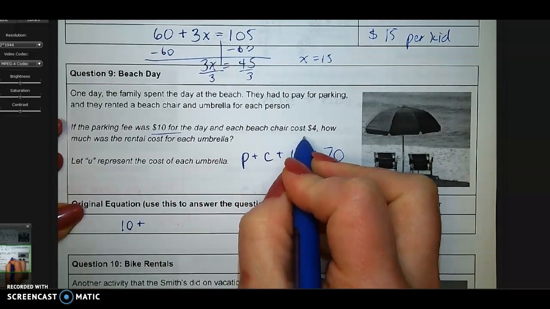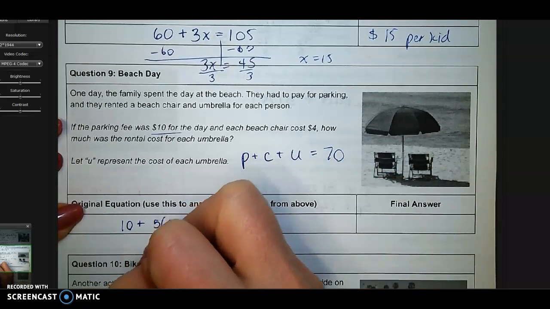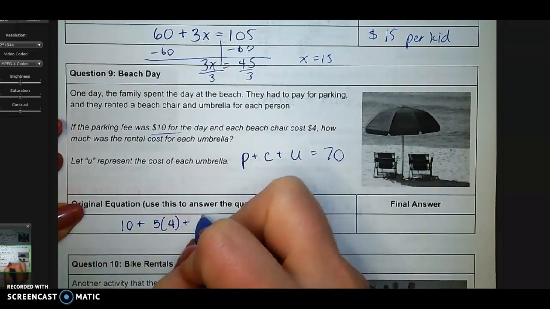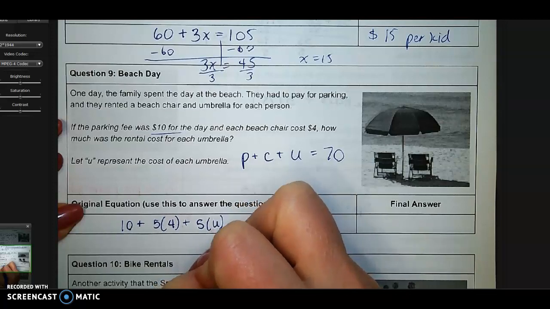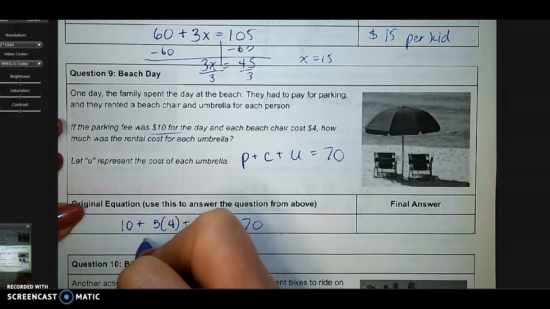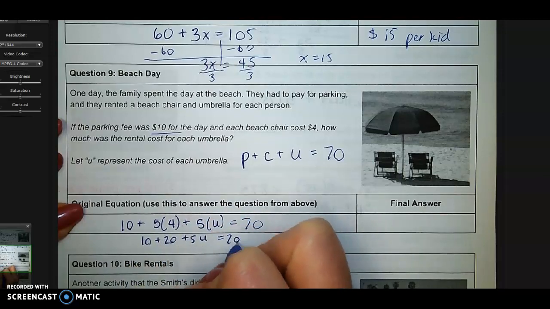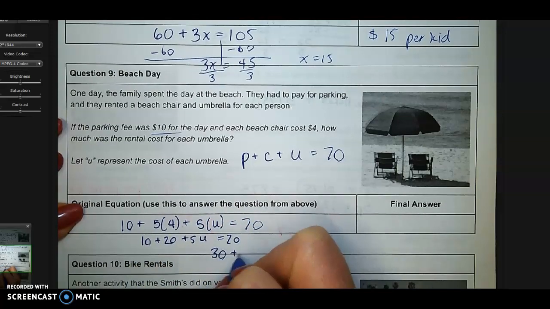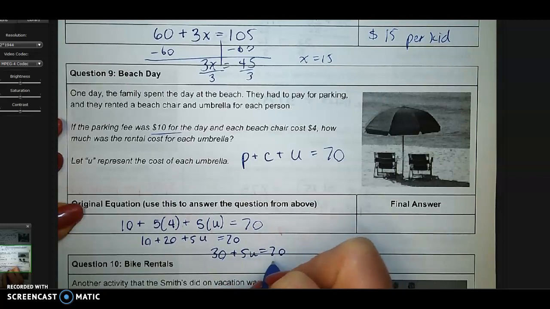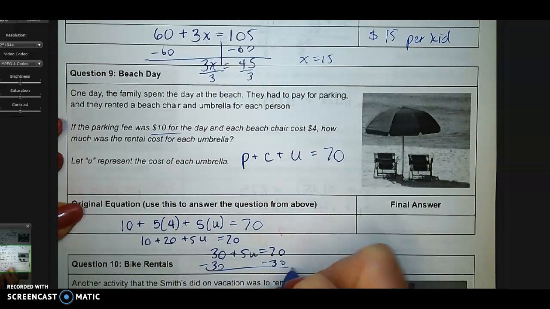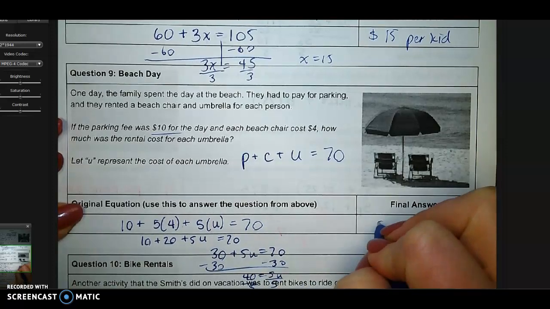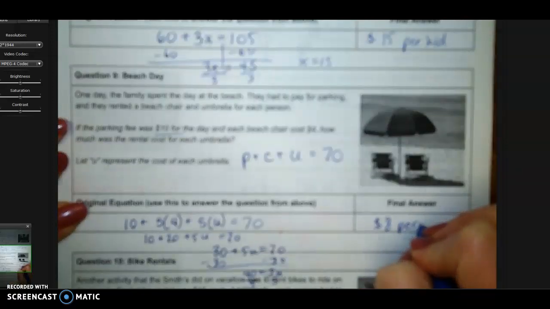The chairs were $4, and there were 5 people, so 5 times 4. And then we had 5 umbrellas, and that equals 70. So I have 10 plus 20 plus 5u equals 70. So 30 plus 5u equals 70, minus 30 from both sides. Divide by 5, and you find that it's $8 per umbrella.